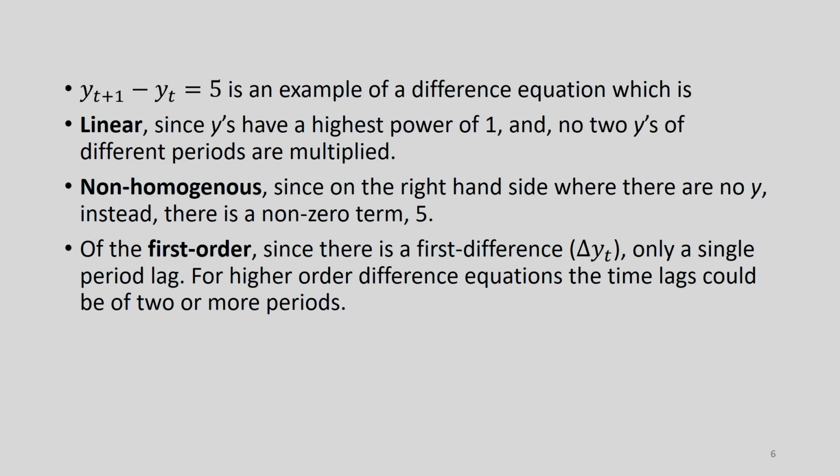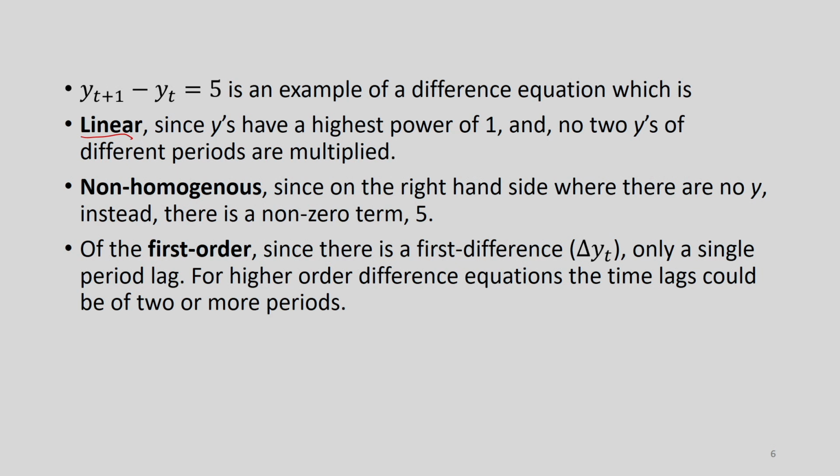y t plus 1 minus y t is equal to 5 is an example of a difference equation which is linear, right. Why is it linear? Because y's have a highest power of 1 and no two y's of different periods are being multiplied here. So, look at the power of the y's, there is no y square or y cube or even root over y, right.